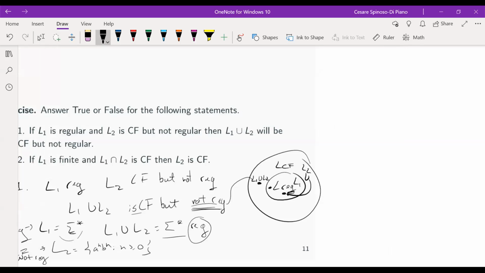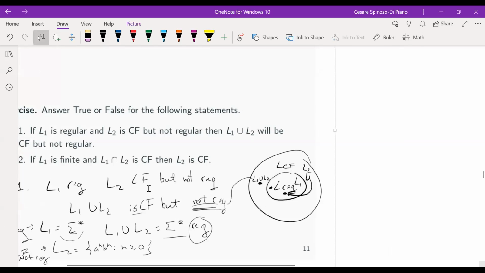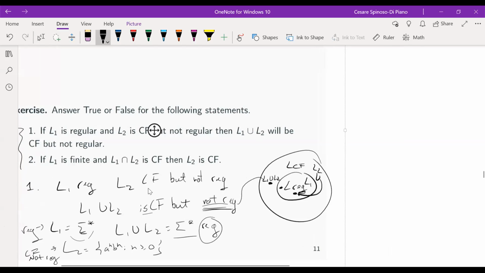Would 1 still be true if we had intersection instead of union? Good question. So if L1 is regular and L2 is context-free but not regular, L1 intersect L2 by the closure properties we just showed would be context-free.